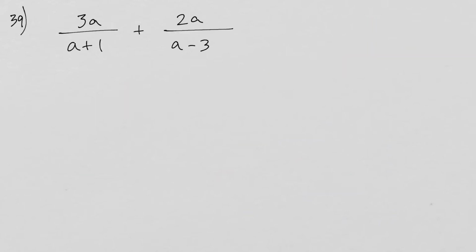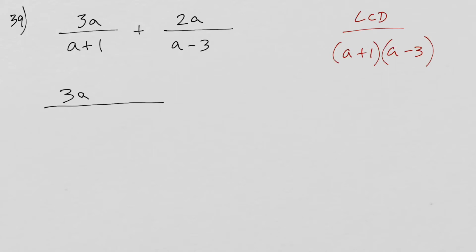Okay, in this problem, I need to determine the LCD, and I have two entirely different factors in the denominators, so putting them back together is the LCD. So I'll write this one, and I'll give myself some room. And I'll write this one, and I'll give myself some room.